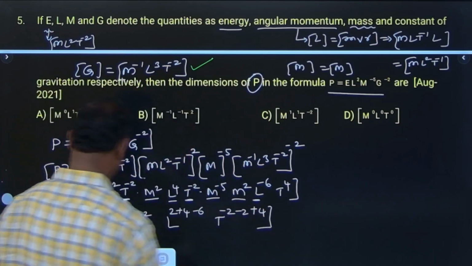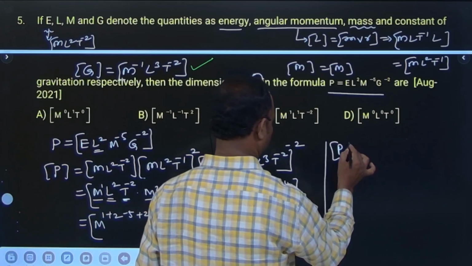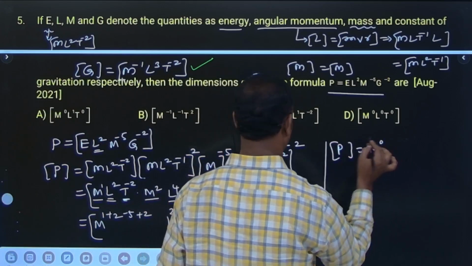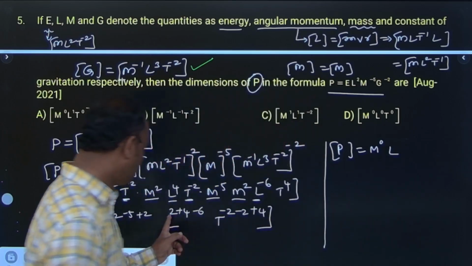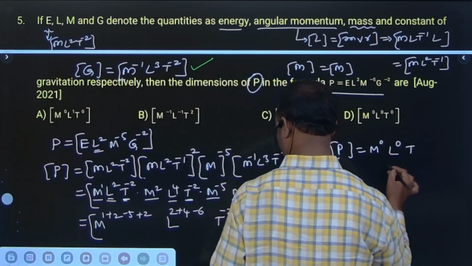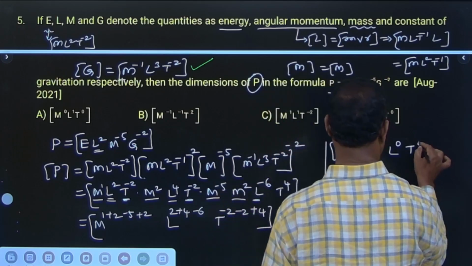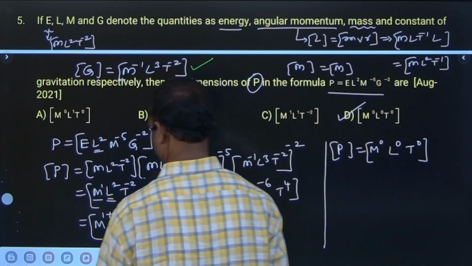I'm writing the dimension formula of P is equal to M to the power of 0, L to the power of 2 plus 4, 6, 6 minus 6, 0, T to the power of 4 minus 4, 0. It's a dimensionless quantity. Answer is D.